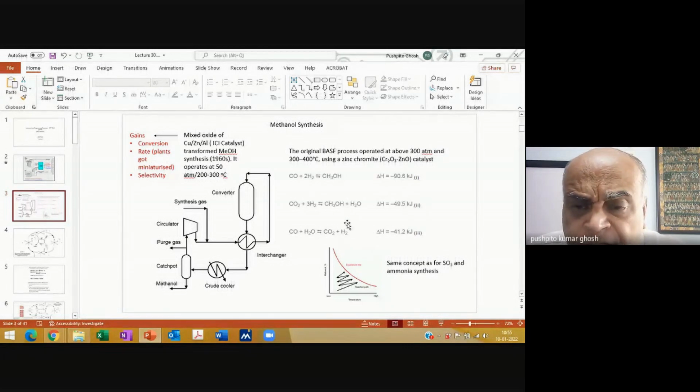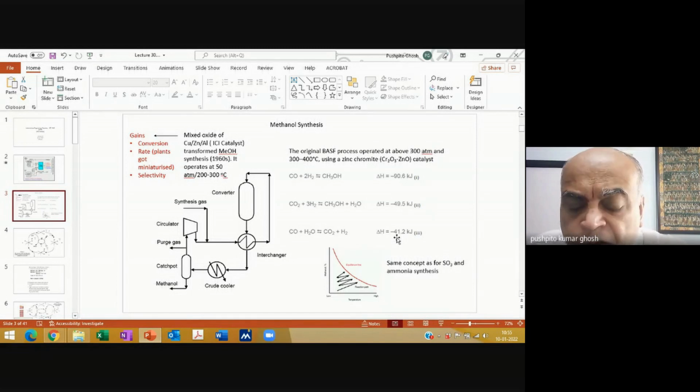Now you can also see that all of these reactions, whether you make it from CO or CO2, or from water to get first this, and then you can react it with the hydrogen to get methanol, all of these process steps are exothermic.